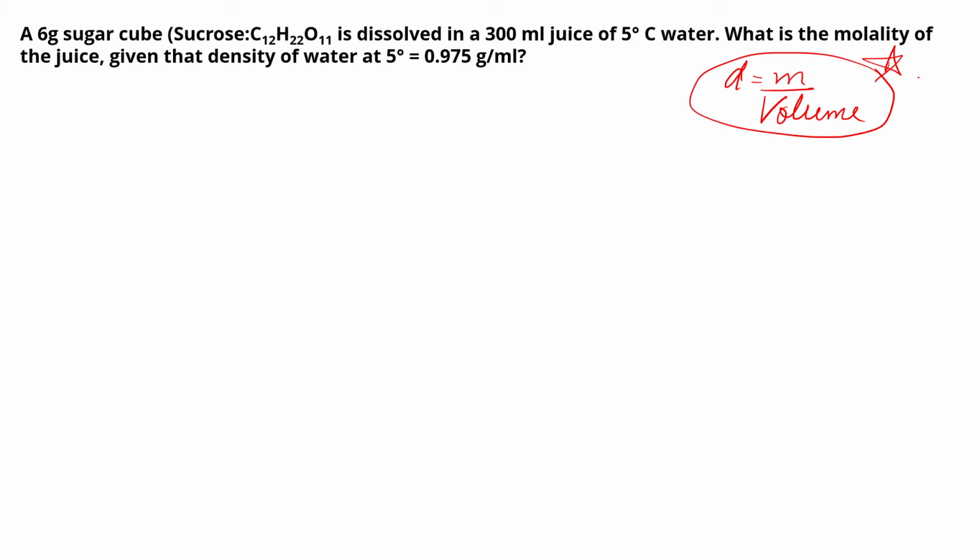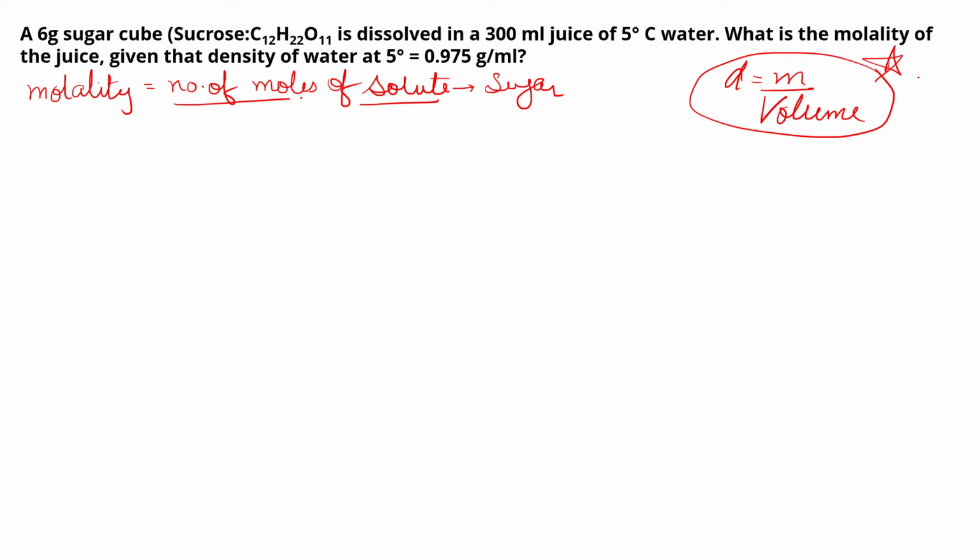I hope you guys have solved the equation. So let me start. We need to calculate molality. Molality is defined as number of moles of solute. In this case, solute is sugar. And what is the mass of solvent in kg?